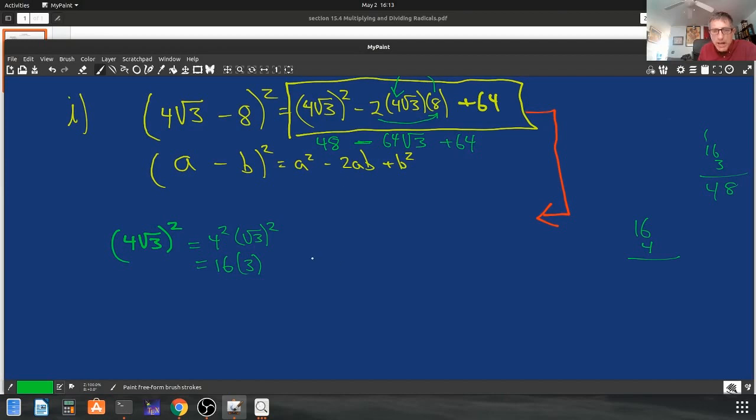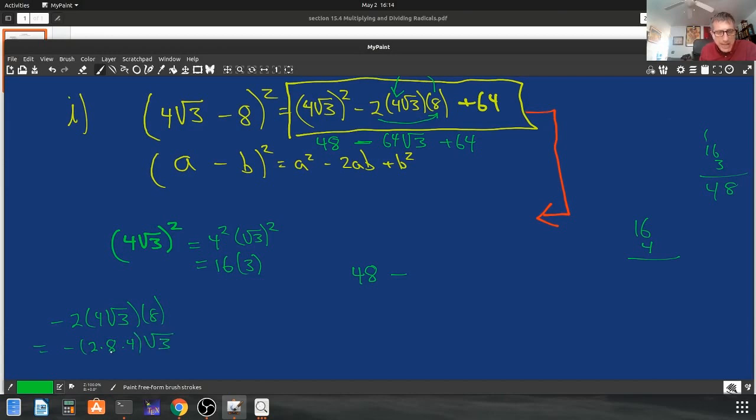So what I have down here is 48 as my first term, 4 times the square root of 3, squared. Now, in simplifying minus 2 times 4 on the square root of 3 times 8, I just wrote that as minus 2 times 8 times 4 on the square root of 3.